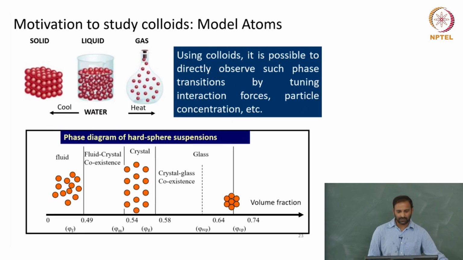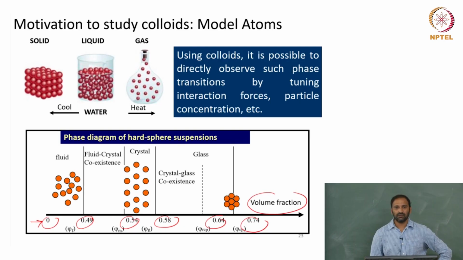So this is something called a phase diagram, that people first found from simulations. The numbers that you are seeing here are volume fractions, which is defined as the volume of solids, or the particles that you have in the fluid, divided by the total volume.